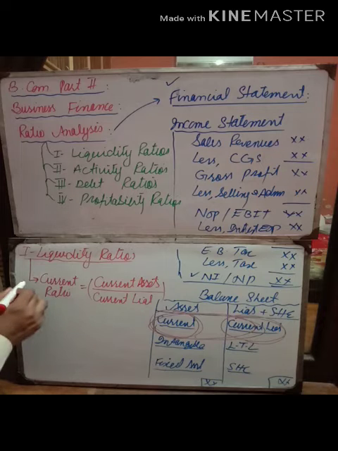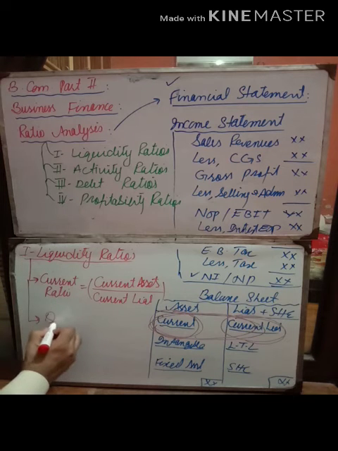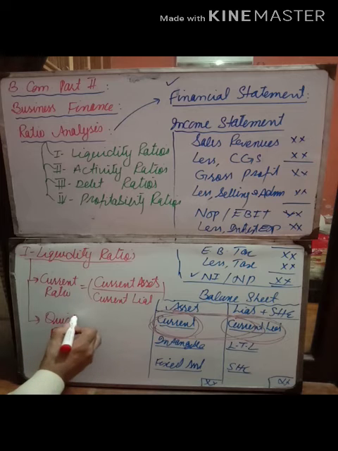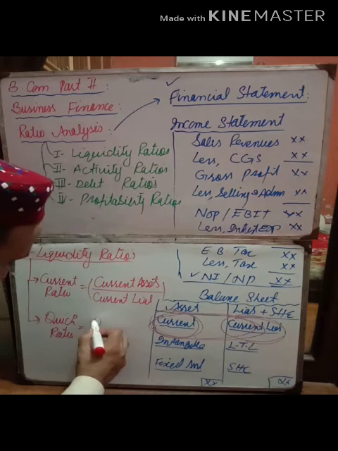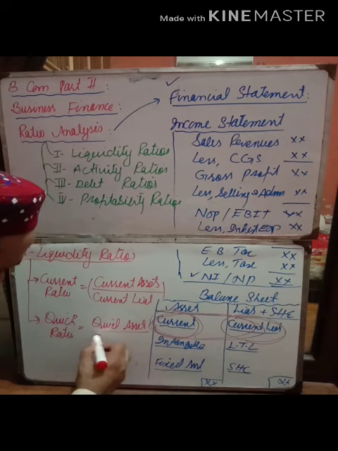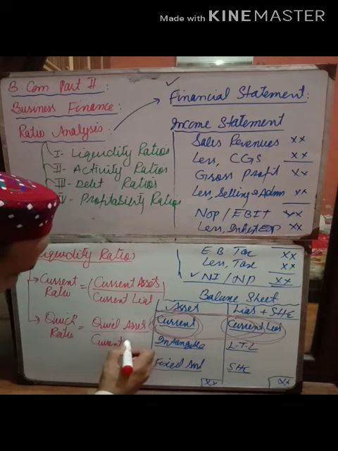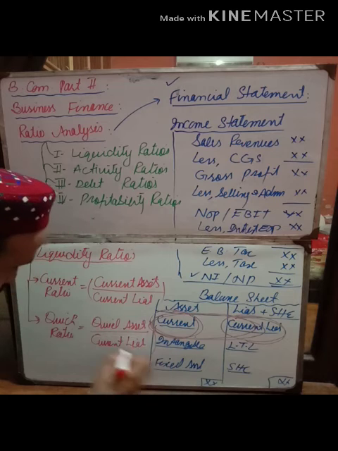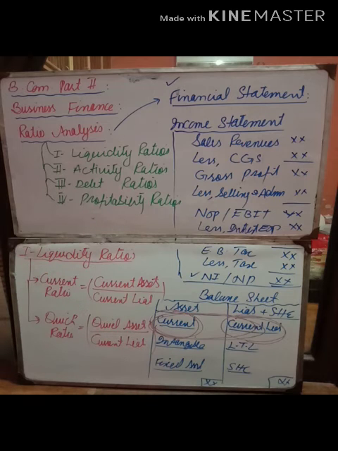Second one is our quick ratio. For calculating the quick ratio, we have quick assets divided by total current liabilities. Now the question is what we mean by quick assets and how we calculate them.